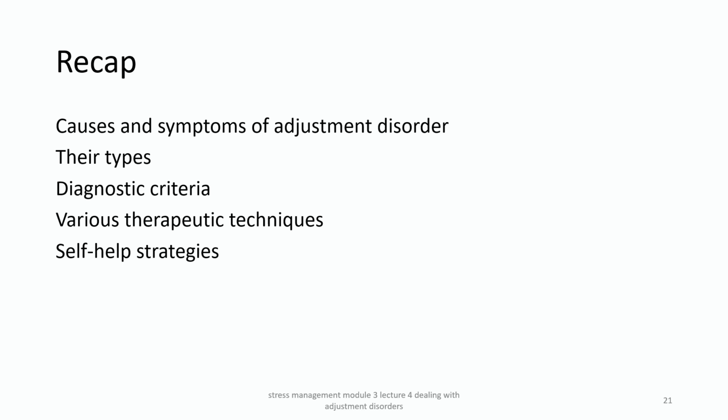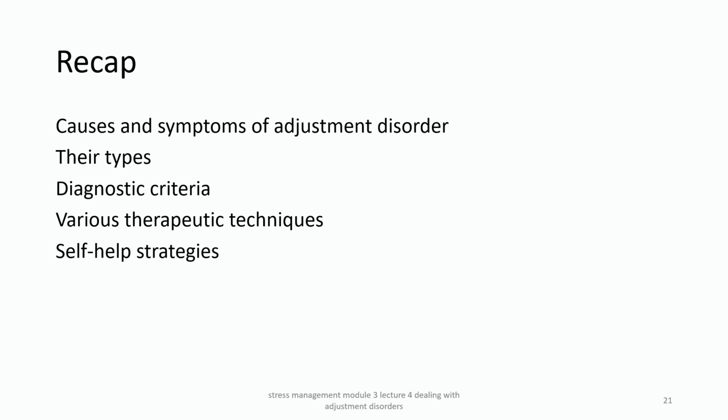We talked about the diagnostic criteria, which says that there must be an identifiable stressor and the symptoms should be very pressing, causing significant impairments in the daily life of a person. They must emerge within 3 months of the onset of the stressor, and they must vanish within 6 months after the stressor is gone.